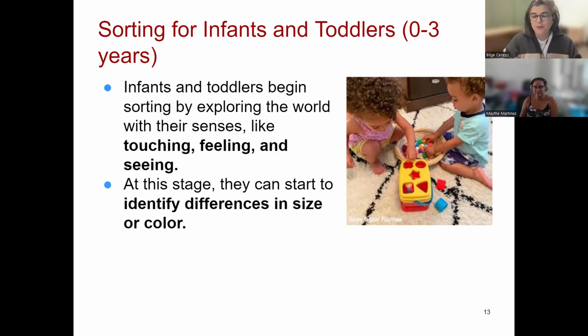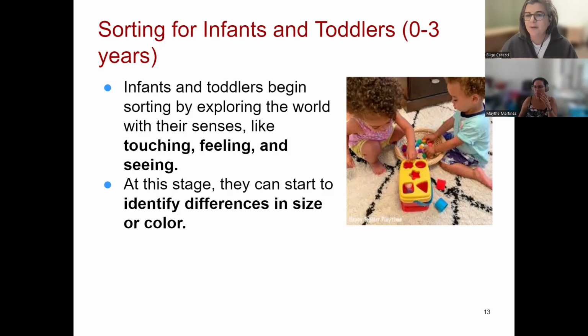But if you are working with infants and toddlers, activities focusing on size and color will be age appropriate. I wouldn't focus on numbers or anything like that when it comes to sorting or measurement concepts. Just, oh, all the big ones here, these are the small ones, or yellow ones are here, green ones are here.